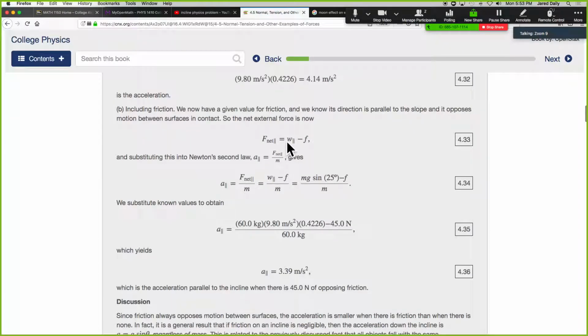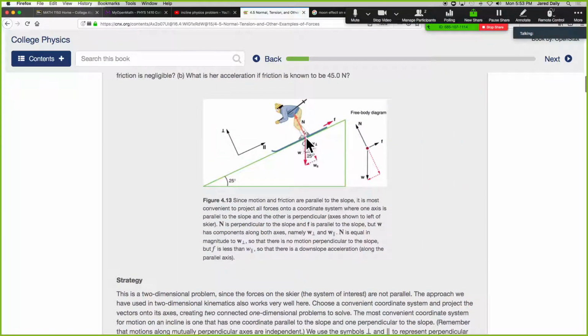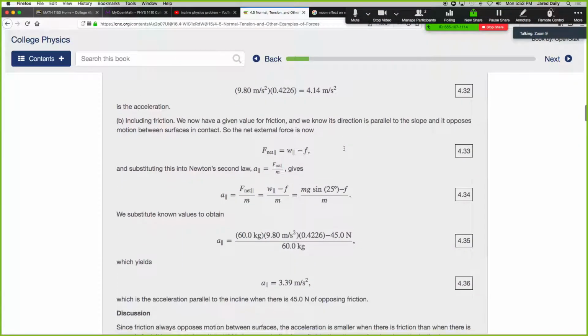And then when friction is involved, they use the net force, which is the total of the forces added together: the parallel weight force minus now the friction. The weight force is pointing in the negative direction for the parallel, and the friction is pointing in the positive direction. They end up switching that around.